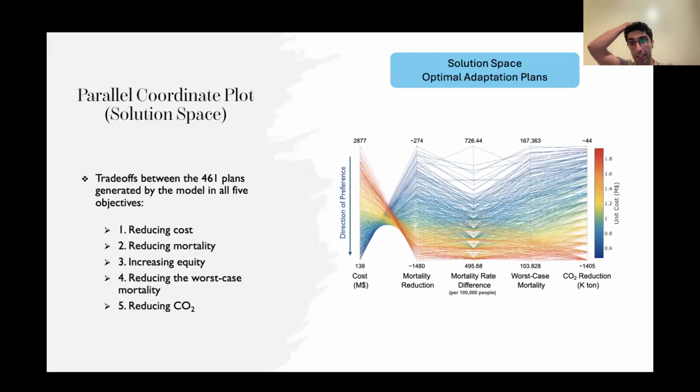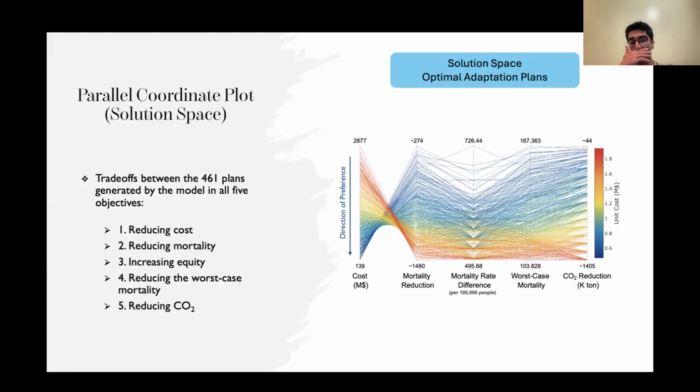All right. So what would the result of a model like this look like? Running this optimization under these criteria and several other criteria would give us a solution space that looks like this. This is called the parallel coordinate plot, and it shows the trade-offs between different solutions in our 5 different objectives. You can see the direction of preference.